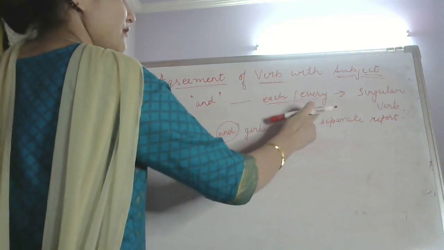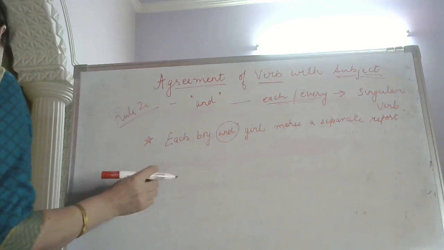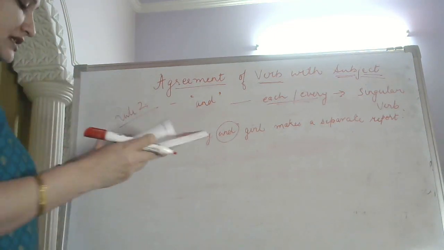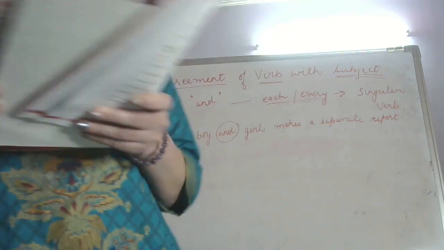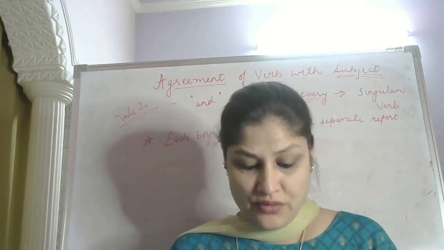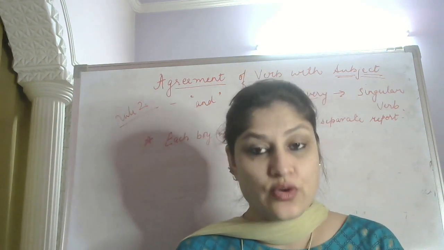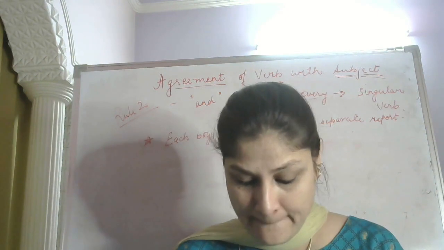I hope you must have done that in your previous classes. There's another sentence that I'll take. It says here, every man and woman works here for the good of the institution. So works, W-O-R-K-S, means we are talking about a singular verb.